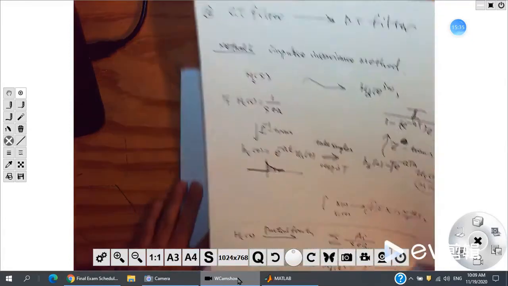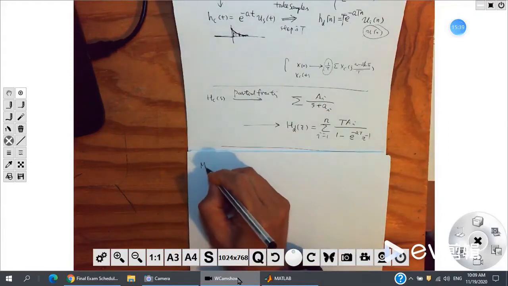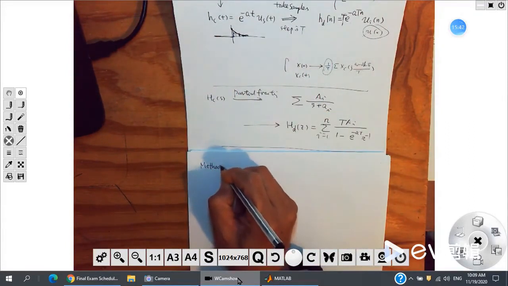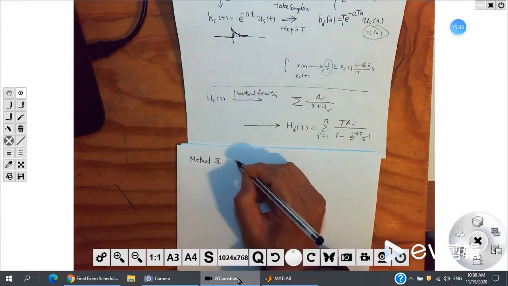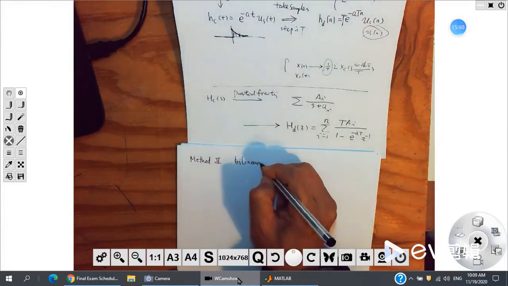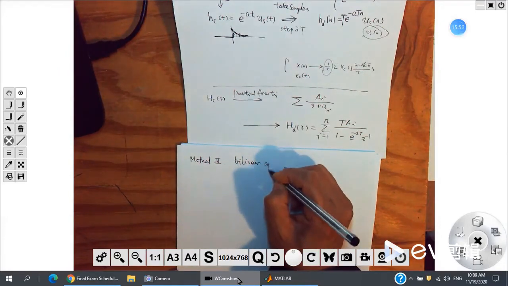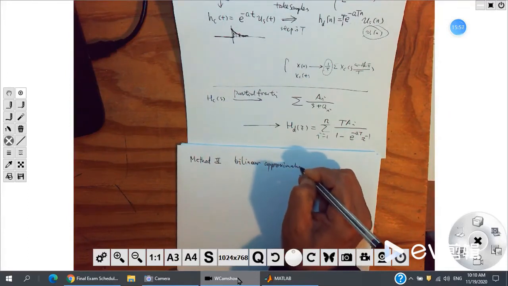And the second method, we call the bilinear approximation method.